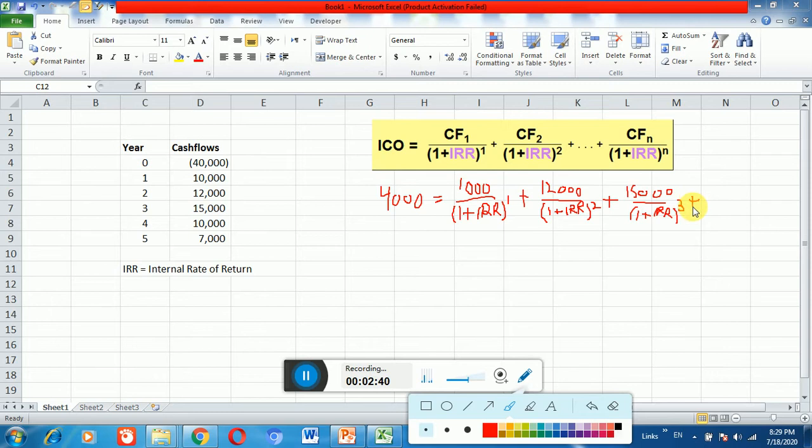Then the fourth value, that is 10,000, divided by 1 plus IRR raised to power 4.